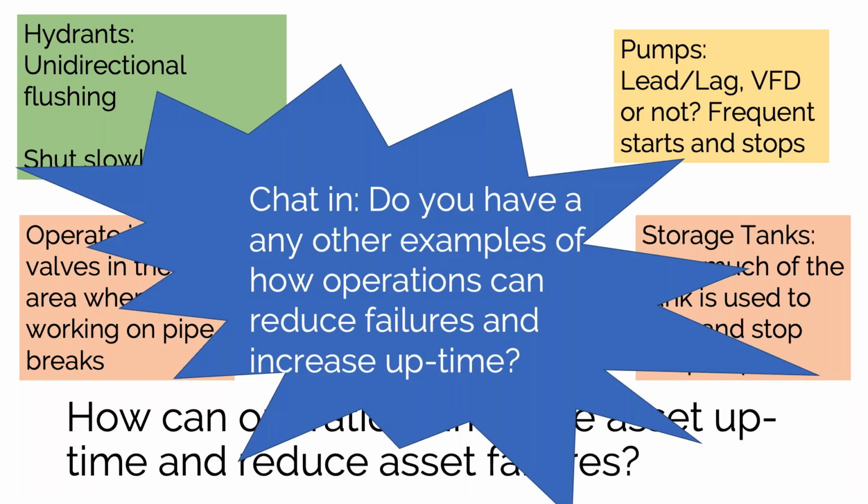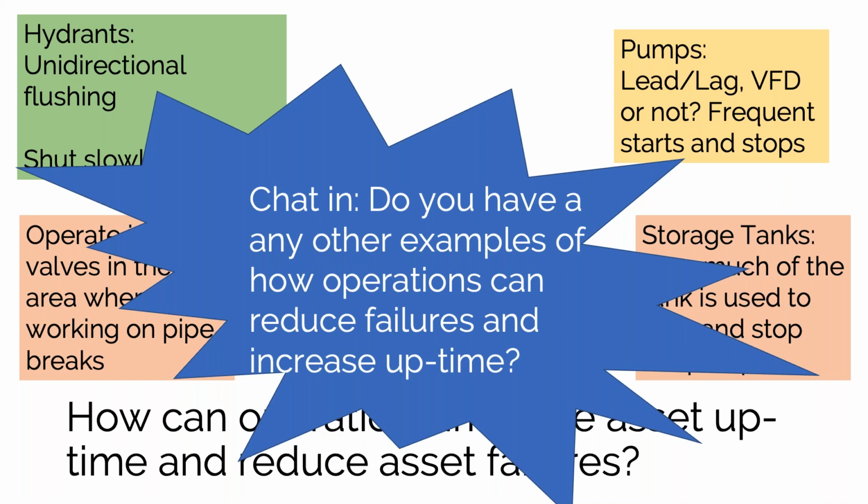And if you have any other examples, I put the chat, I apologize, it's actually the question box when you use GoToWebinar. I've been used to Zoom these days, and Zoom has the chat feature, but GoTo has the question dialog box.